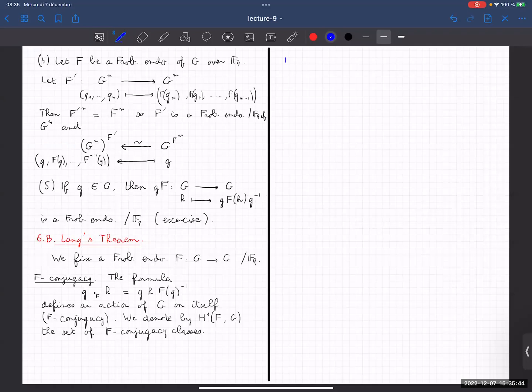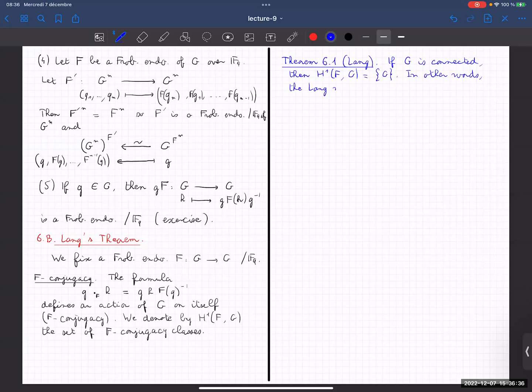And the first theorem of today's lecture is that if G is connected, then H^1(F, G) is reduced to a single element, and the single element is the full set G. Or in other words, this means that the orbit of 1 is everybody.